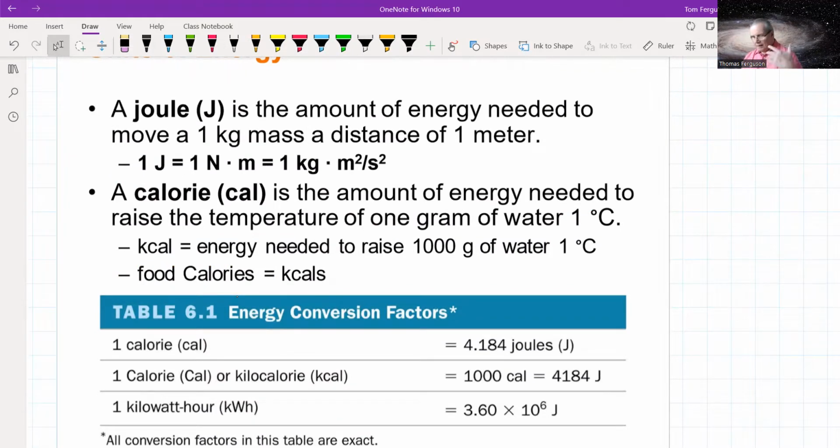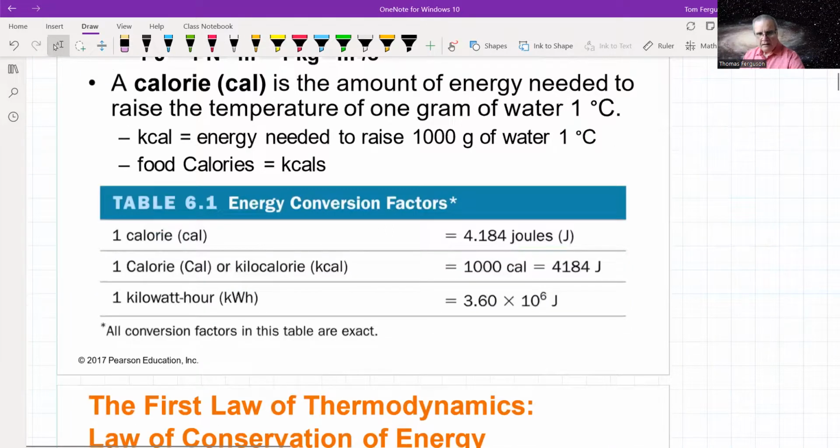Other standardizations are using calories. All of you have heard of kilowatt hour on your electric bill. This is what they're talking about, energy used per hour.